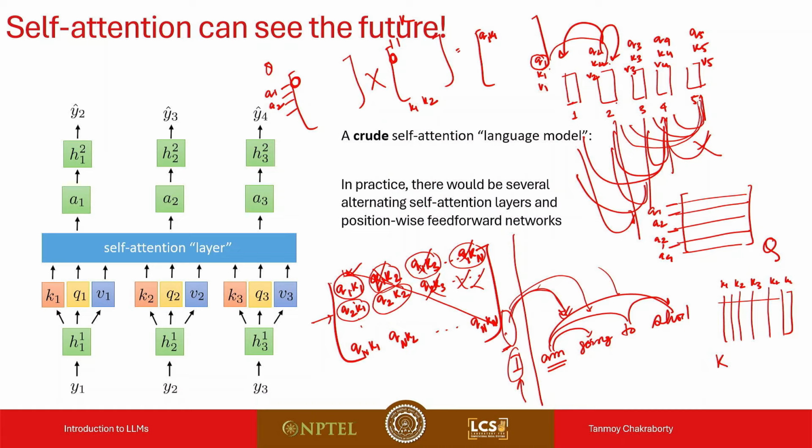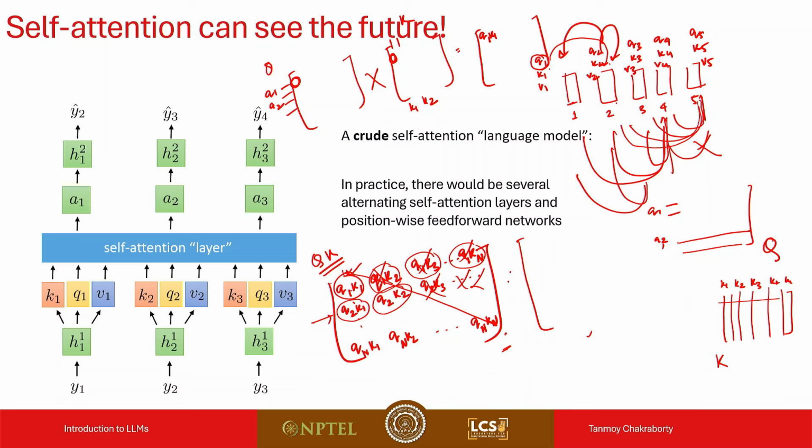How do we do this computationally, I mean, coding wise? During the training time, although you can generate the entire matrix, you are not allowed to process the entire matrix. You are allowed to process only the lower diagonal part of it, not the upper diagonal part. What we do is this QK matrix will be combined with another matrix which would look like this: 1 on the diagonal part and below, and minus infinity above.